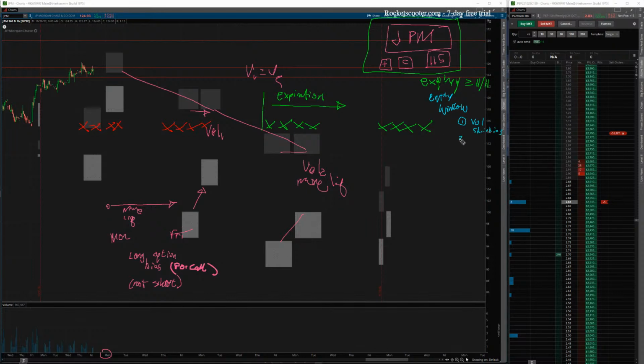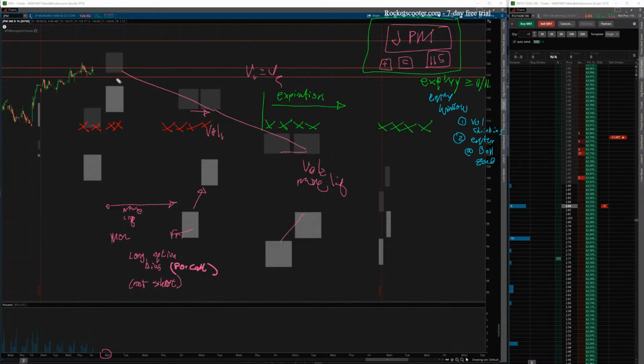And I also want to enter at bull zone. So volatility shrinking from one expiration to the next versus one day to the next on the same expiration, two different modes.